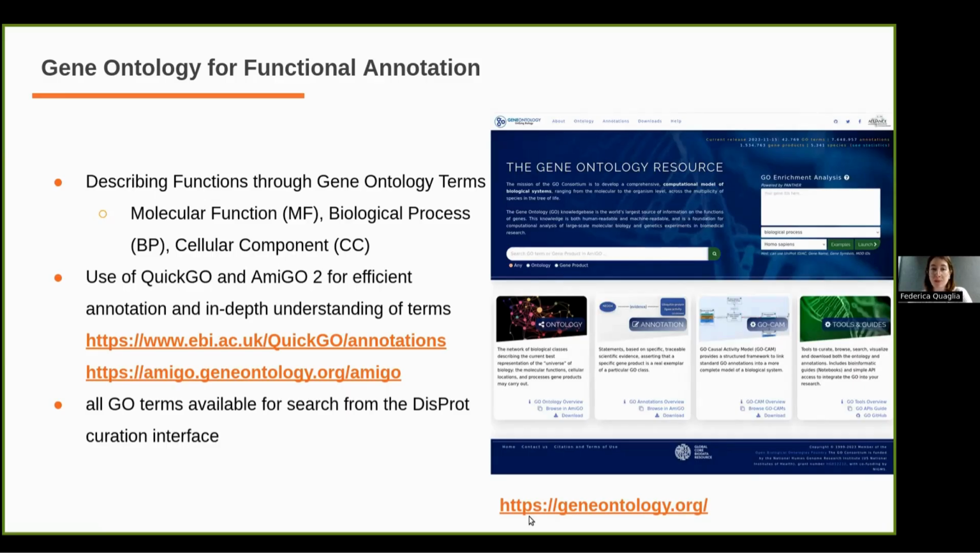All the gene ontology terms are available for search from the DisProt curation interface. So you will be able to add each gene ontology term from the curation interface. Again, you are required to provide the most specific term when possible.